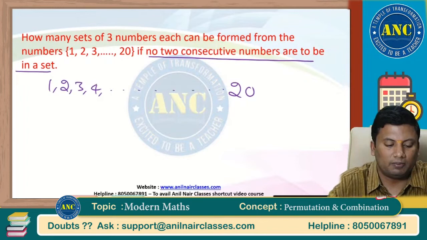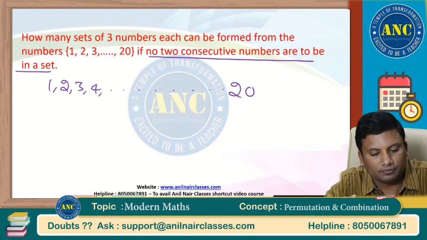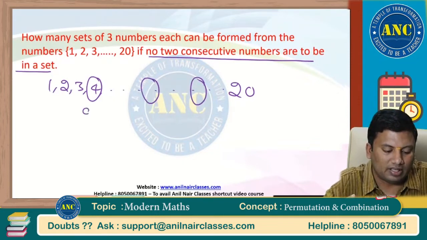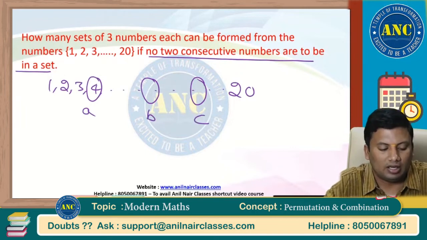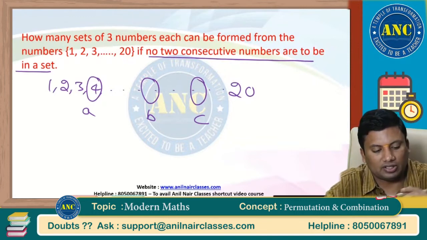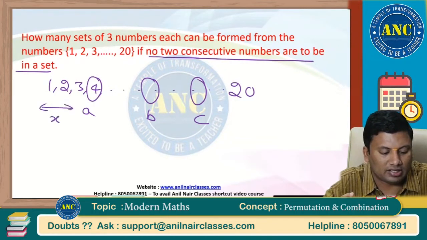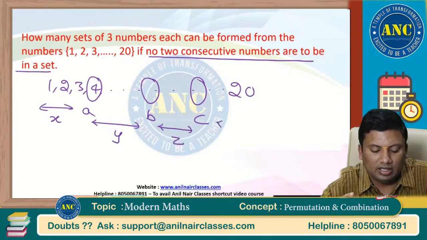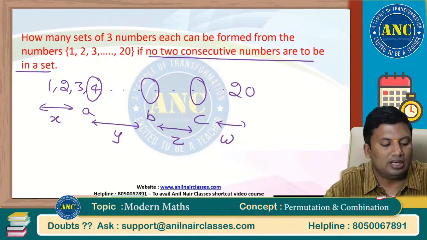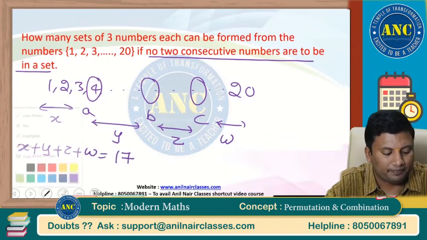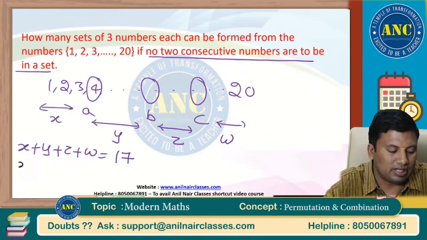Suppose I am choosing 3 numbers, for example, A, B, C. If I choose 3 numbers, remaining these gap is nothing but X. These gap is nothing but Y. These gap is nothing but Z. These gap is nothing but W. These gap values, remaining X plus Y plus Z plus W, it is nothing but 17. Leftmost it can be 0.